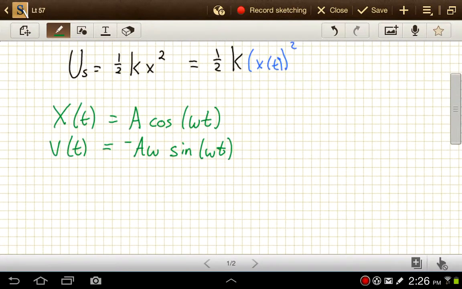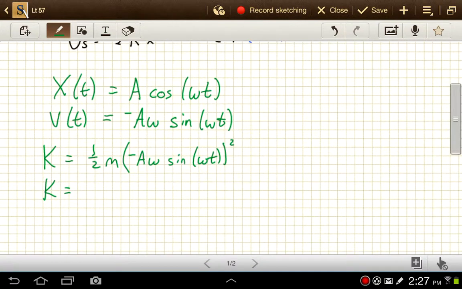So then when we do our expression for kinetic energy, we'll have 1/2 m times negative a omega sine omega t, squared. So K is going to have a value of 1/2 times m times a squared times omega squared. That negative gets squared as well, so negative 1 squared is just positive 1, times the sine squared of omega t.